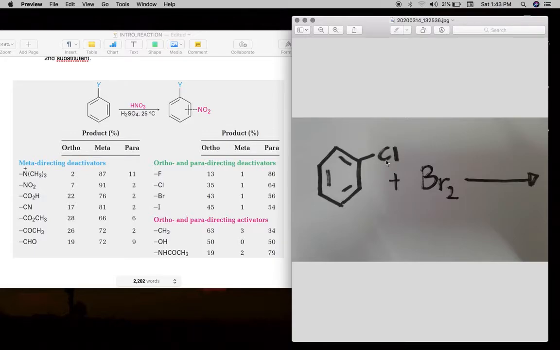Is it a meta-directing, or an ortho and para-directing? So, kung titingnan natin ang ating table dito sa kabila, makikita natin na si Cl ay under sa ortho and para-directing deactivators. Therefore, ang product nito can only be an ortho or a para na structure.